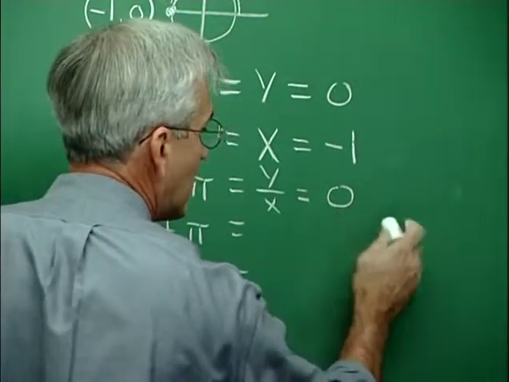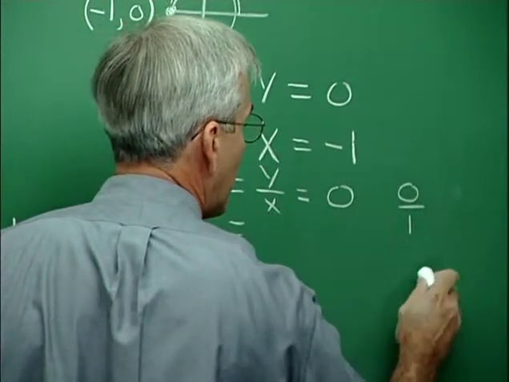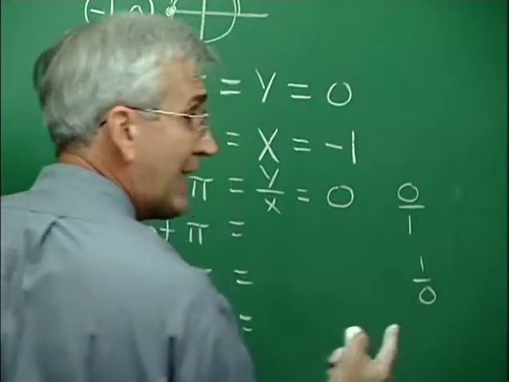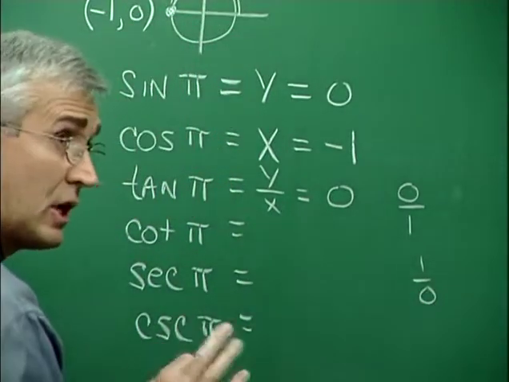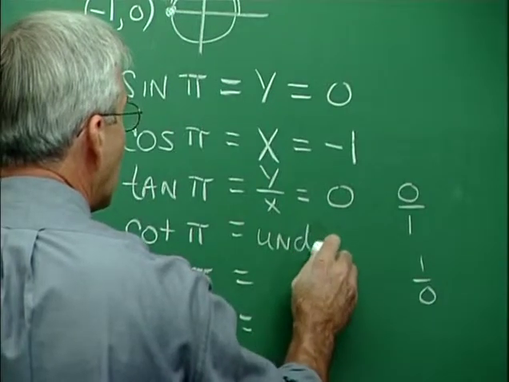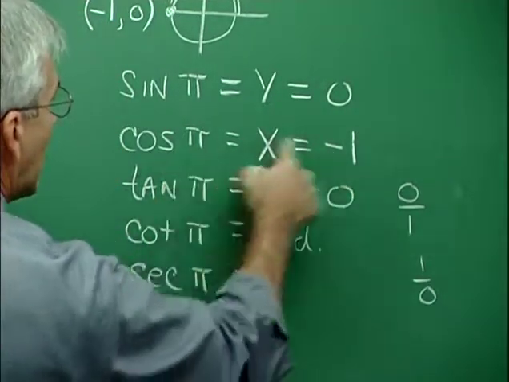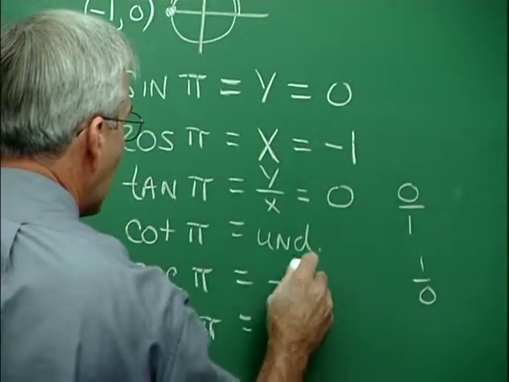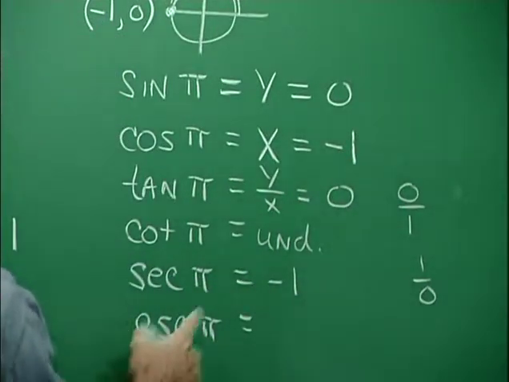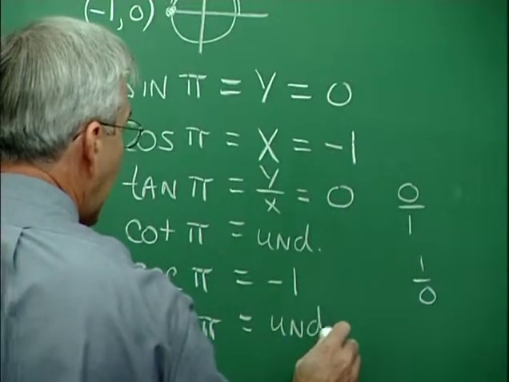The reciprocal of 0 can be thought of as 0 over 1, so its reciprocal is 1 over 0, and 0 in a denominator causes an undefined fraction to occur. So here we have an undefined value. And now secant is the reciprocal of cosine, so the reciprocal of -1 is -1. And for cosecant, it's the reciprocal of 0, and once again we get an undefined value.